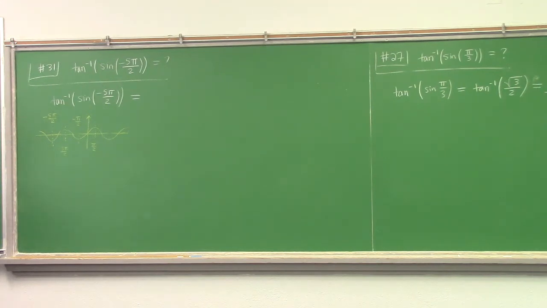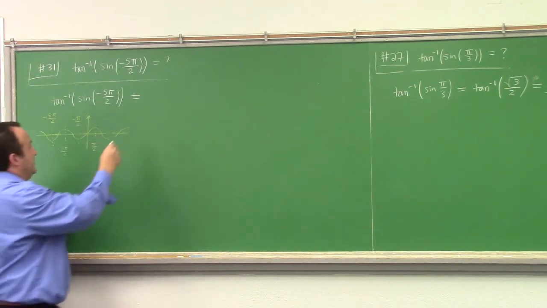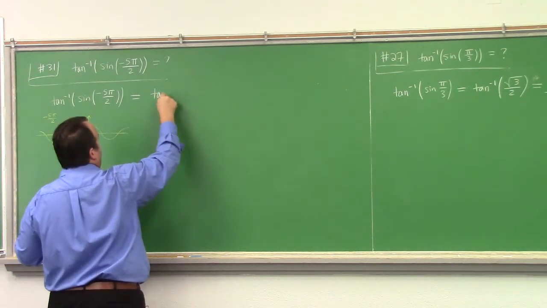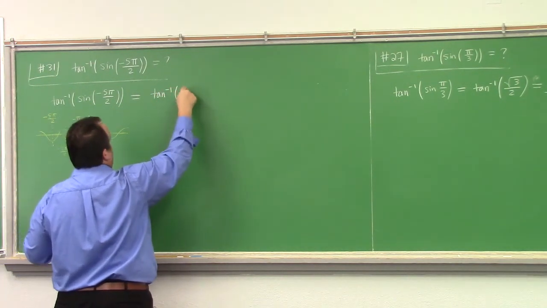So the sine of minus 5 pi over 2 is equal to minus 1. So we're looking at inverse tangent of minus 1.